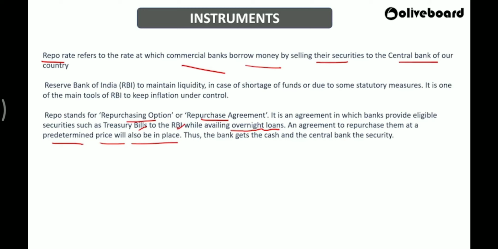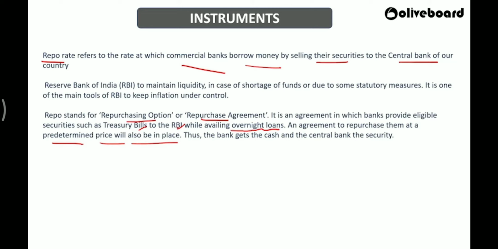Yes or no? Obviously, when you borrow at a higher rate of interest, you will also lend at a higher rate of interest because you have borrowed at that rate. Correct. You can't give it at a loss. So what happens if RBI wants to decrease the money supply? They will charge a high repo rate. If RBI wants to increase the money supply, then they will charge a lesser repo rate.